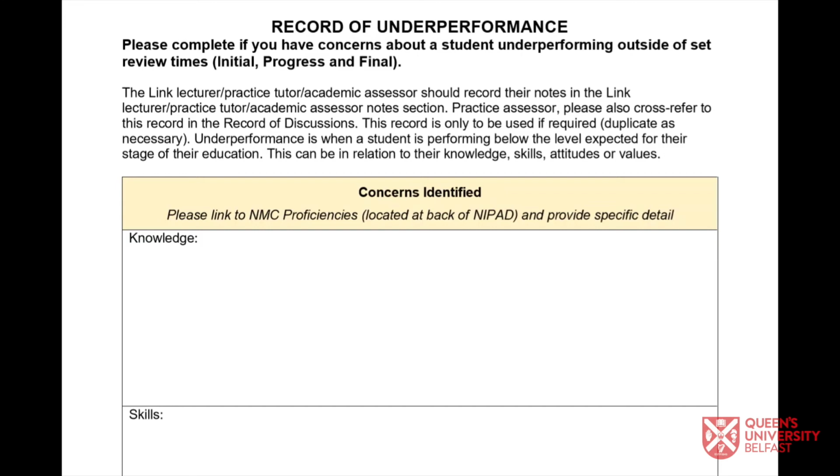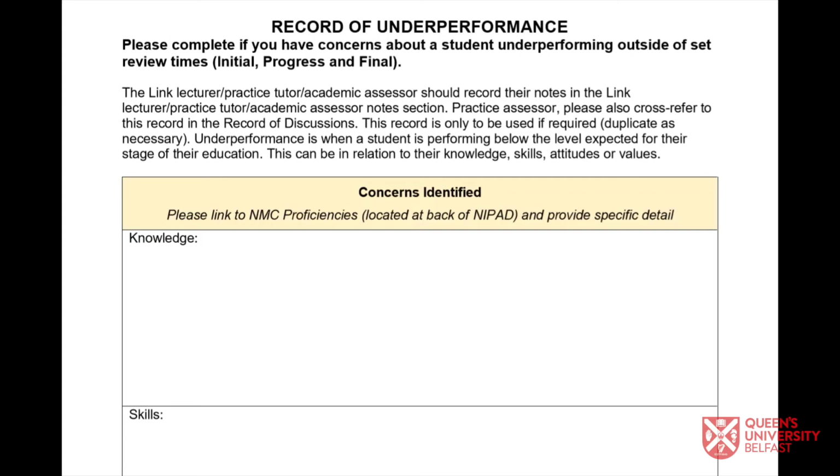The practice assessor then should cross-reference this record in the records of discussion. So when it does come to a point of formal review, for example, the progress or the final discussion, there must be a link made back to this record of underperformance if this has been completed.